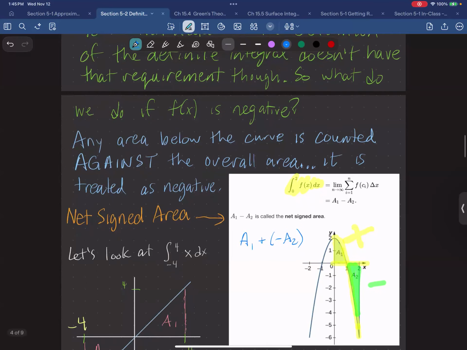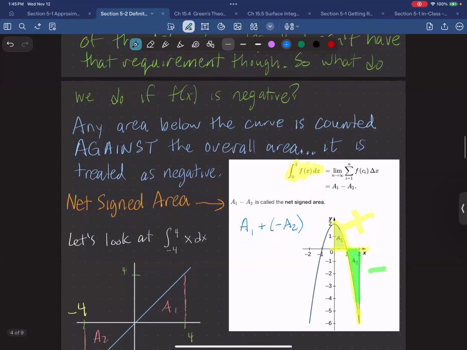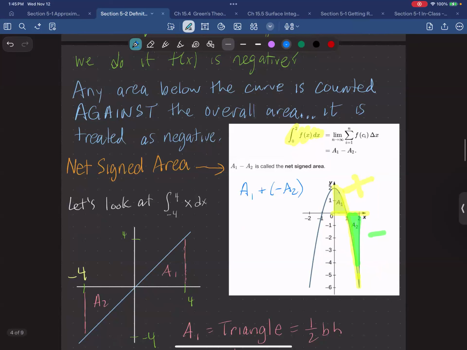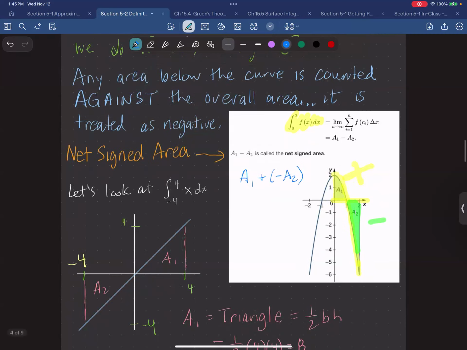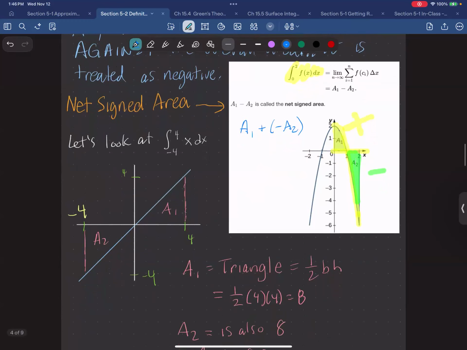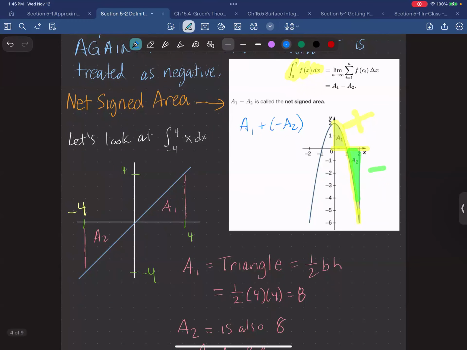Let's take a look at negative 4 to 4, the limits of integration on x dx. We're going to put A1 as the right triangle, A2 as the left triangle. Triangles are 1/2 base times height. If we do this on both of them, we get 8 and 8.